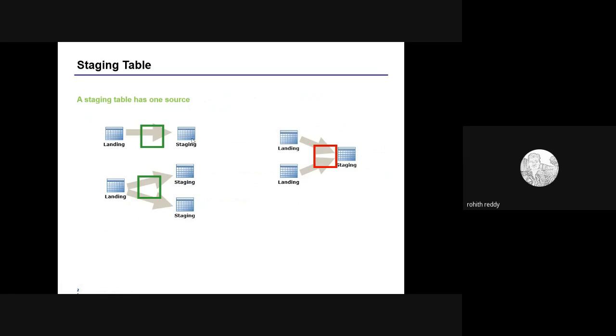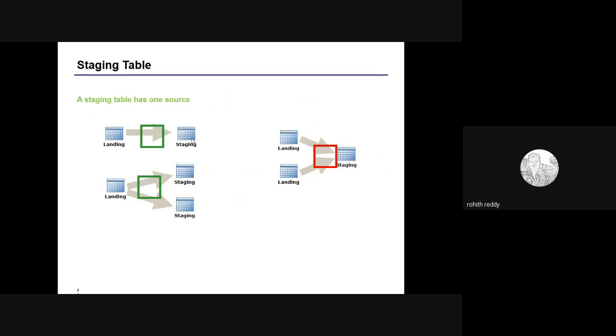One landing table can be used for multiple staging tables. Multiple landing tables cannot be used for a single stage table. Moreover, the stage tables are dependent on the base object only. In the party base object, I have three stage tables. In the address base object, I have three stage tables.